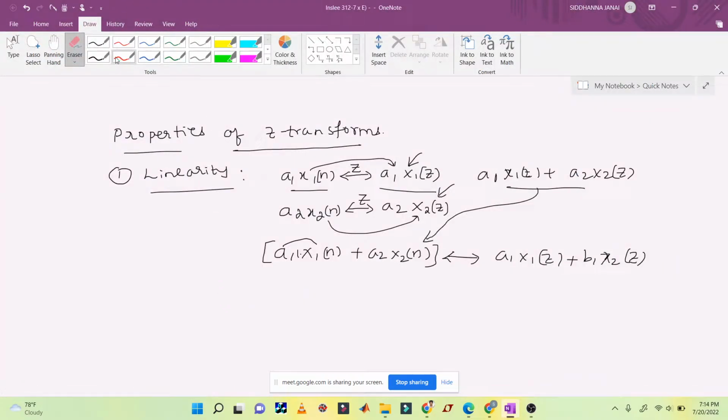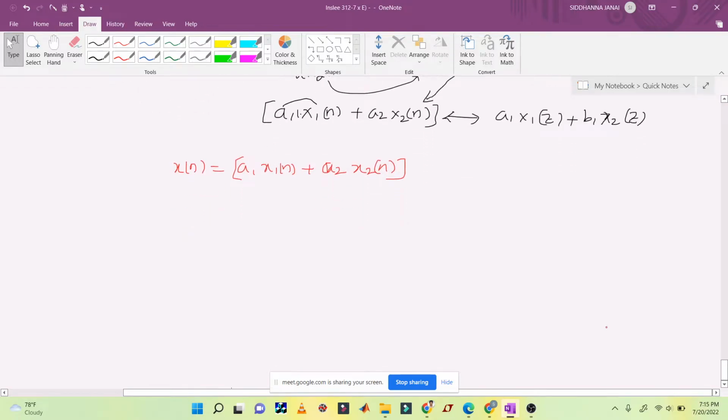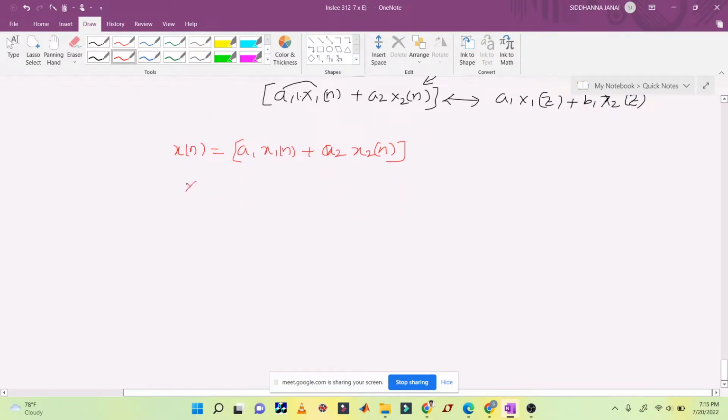So let us consider our x of n is equal to a1 x1 of n plus a2 x2 of n. Okay, for this we need to find out the Z transform. What is the equation of Z transform? X of z is equal to summation n is equal to minus infinity to plus infinity x of n z power minus n. Okay, so what is x of n given?